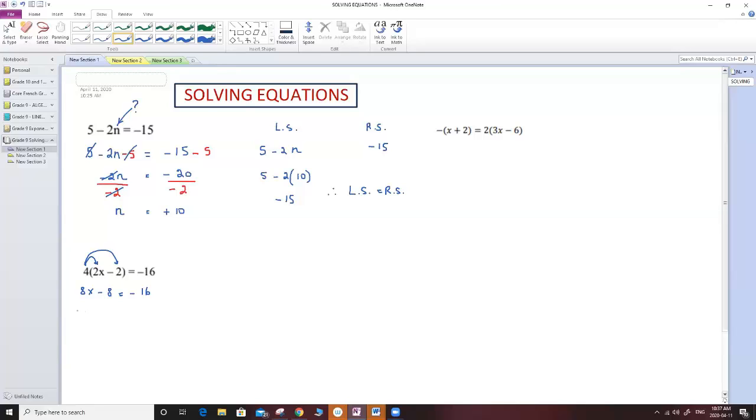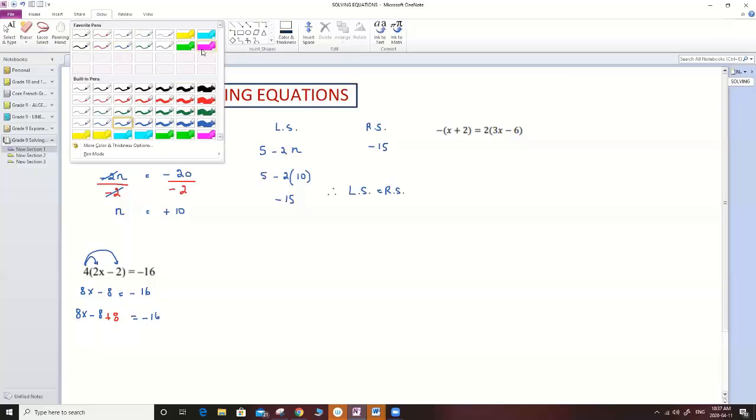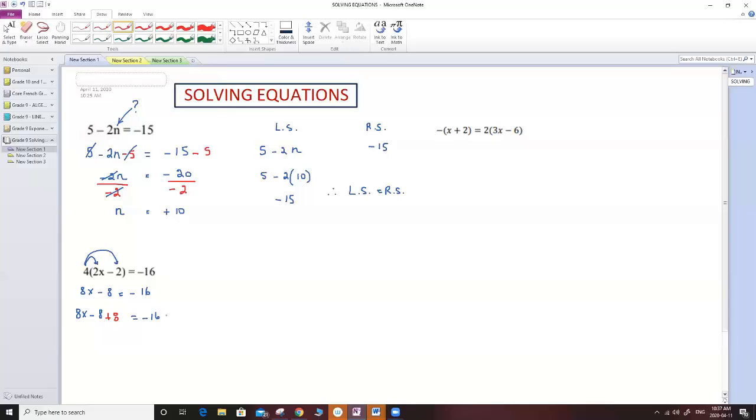So that means this 8x minus 8, to cancel this negative 8, I need to add 8. And I have to continue again, equal negative 16. But here I added 8 to cancel the negative 8. Whatever I did on the left side, I have to do on the right side. So I have again to add 8 on this side.